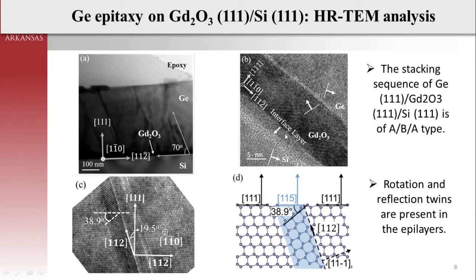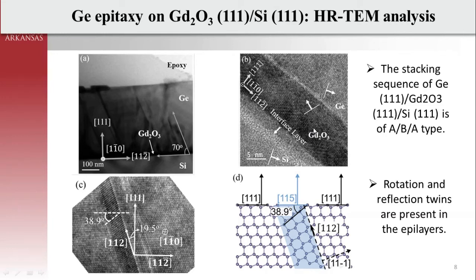The normal to the 1 bar plane is indicated for each region, that is for silicon, for gadolinium oxide, and for germanium, which reveals that the stacking sequences of germanium and silicon are the same, whereas gadolinium oxide is rotated by 180 degrees.